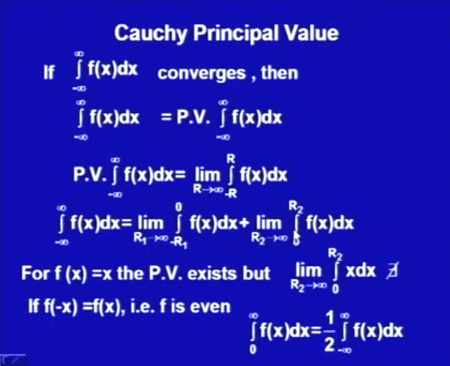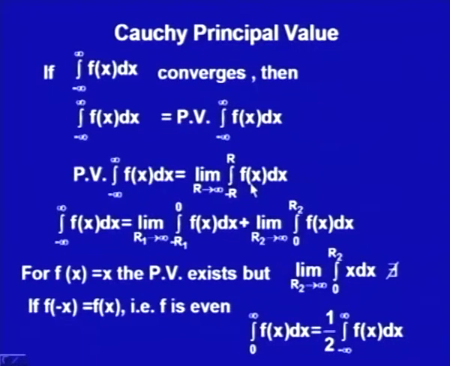So, if this limit is existing, this limit would also exist. That says the Cauchy principal value exists if this is even. The Cauchy principal value is the limit as r approaches infinity of the integral from minus r to r f x dx.